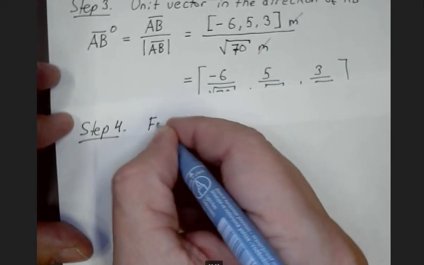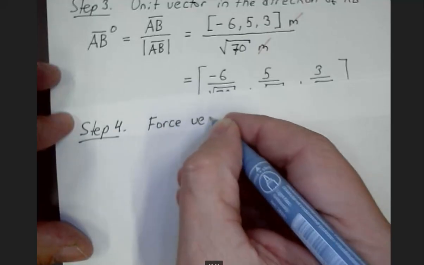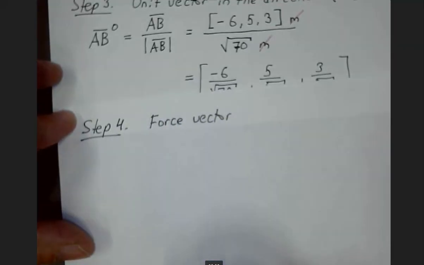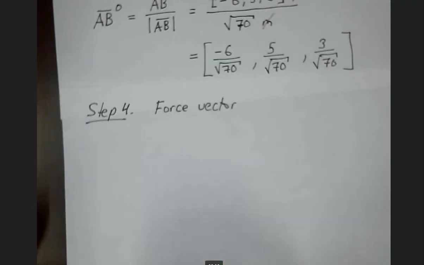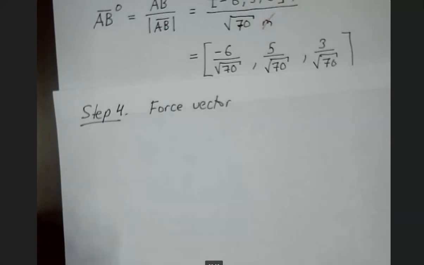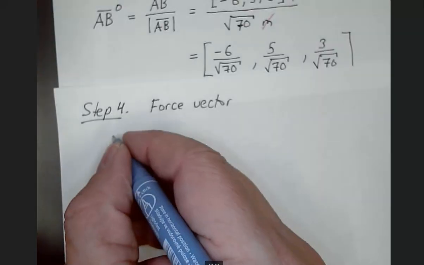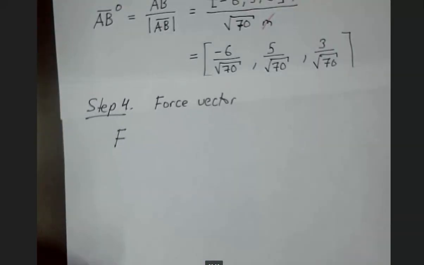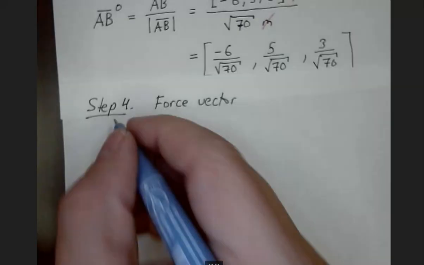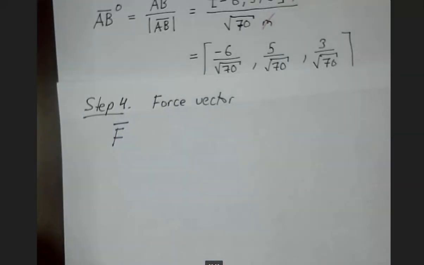Step 4, this force vector, and I will use this kind of notation many times. Force, we use the uppercase F letter, and when it is a vector, we use this vector line here, or that vector arrow.